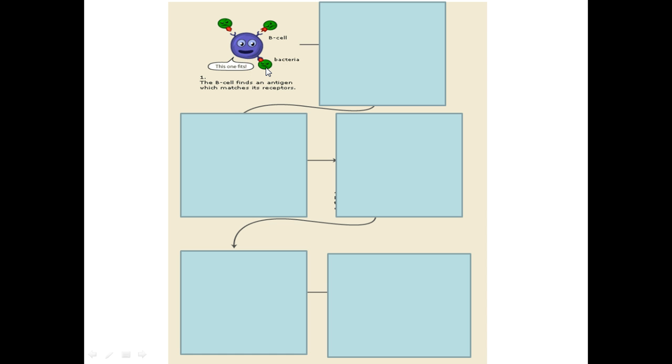And remember, this is at a specific little tiny piece of the antigen. What do we call that little tiny piece? No, not the little crown you see here in this picture, but the piece of the antigen that the antibody or receptor is binding to. Antigen binding sites are the sections on an antibody.